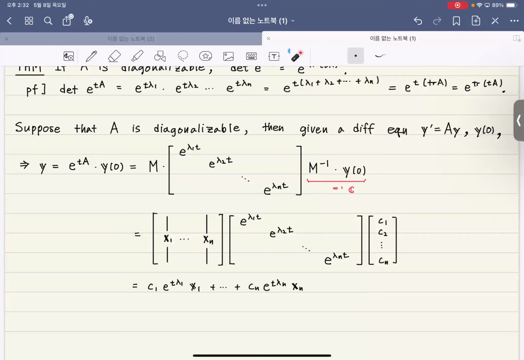So this should be your solution. So your solution vector y is actually the linear combination of eigenvectors times e to the t times the eigenvalue.